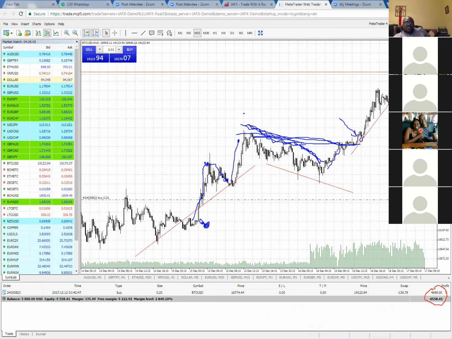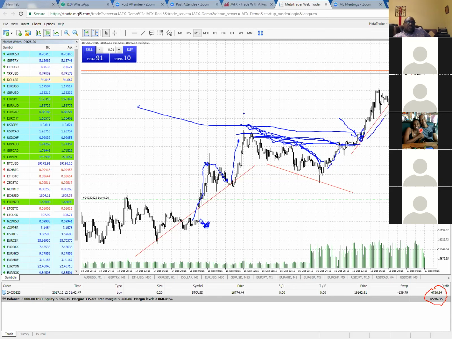Then I saw this zone. Then I saw this again. When I saw that and I realized that we were now above the last area where we began to consolidate, I jumped into the trade, decent size, and I actually kept the trade on. Now here I am looking at Bitcoin, which is really making a move back to the upside.